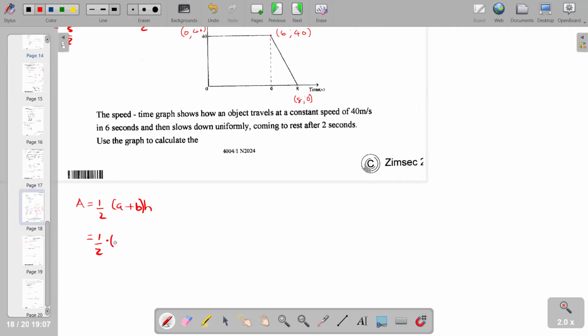So we are going to have 6 plus, from here to here, there are 8 seconds. Then multiplied by our height, which is 40. So the total distance traveled is going to be equal to this 14 multiplied by 20 when we divide this by 2. So it's going to be 280 meters.